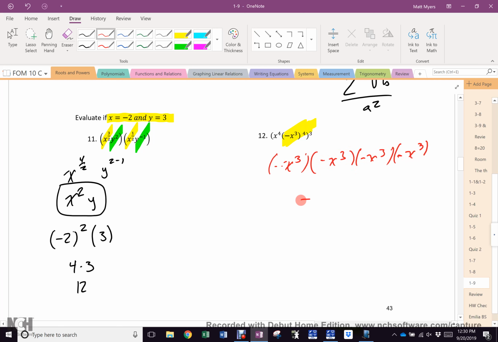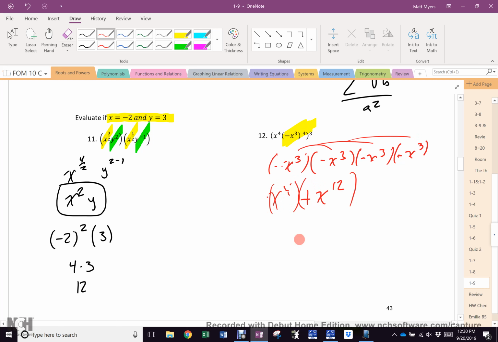So this is negative x to the 12th, yes? Which is going to make it what? What will happen to that negative once I do this an even amount of times? Positive. Then I've got x to the 4th. What do I do there? Not times.